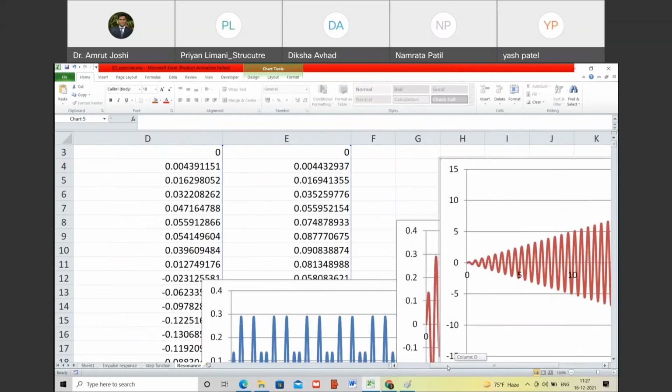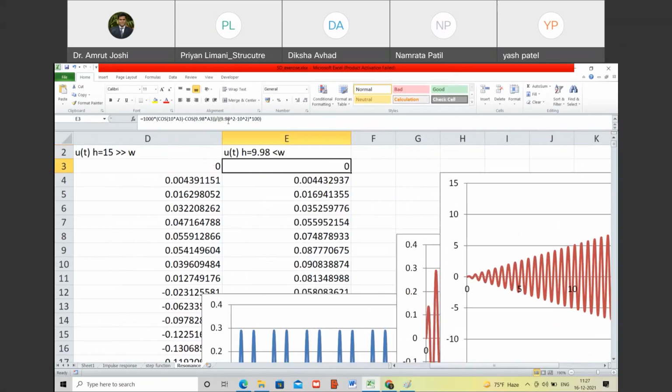So we will slightly lower this value here itself. Instead of 9.98, what I will do is I will take it as 9.9. So still the same. So I will still reduce this value to 9.5.